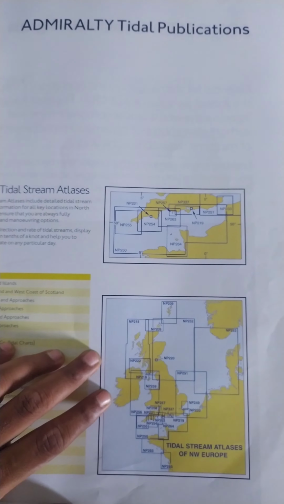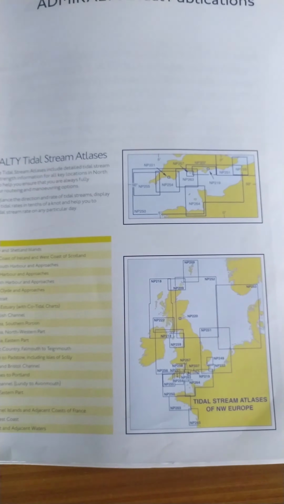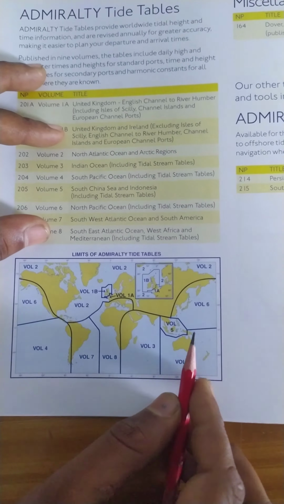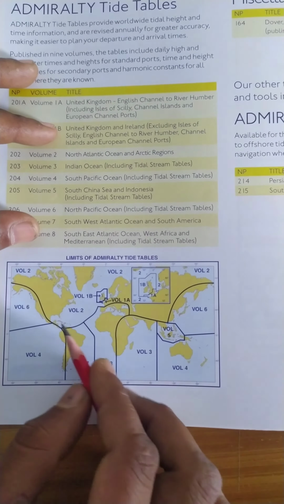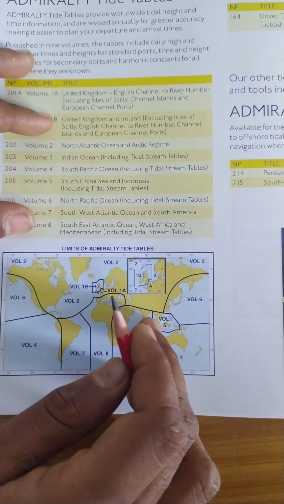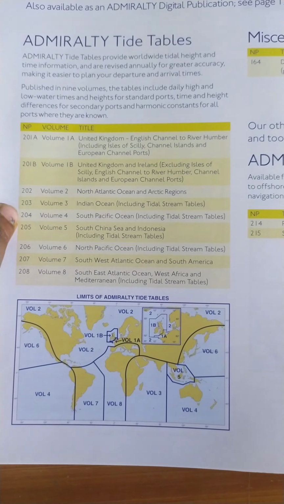Next comes the Admiralty tidal publications. Again, the tidal publications are here. You will be using the tides depending on from which place to which place you are going. You will be getting the tidal volumes here.